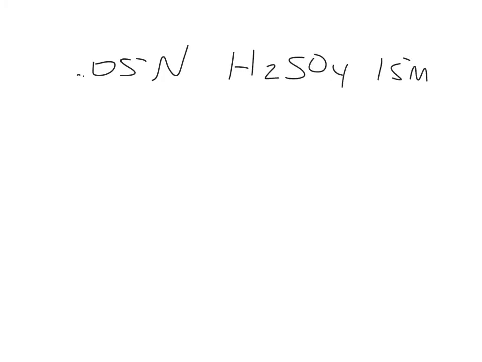So I have my 0.05 normality of my H2SO4, and my problem said I had 15 milliliters. I have my KOH, and it said I had 10 milliliters, and I need to determine the strength of the KOH. Now it's wanting molarity, but I'm going to first do this as normality.